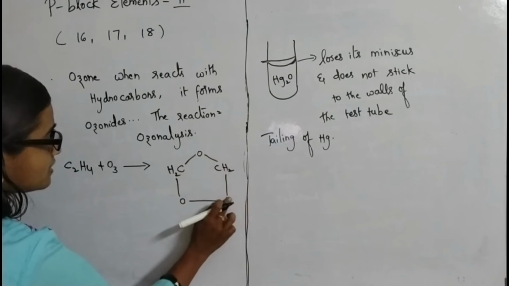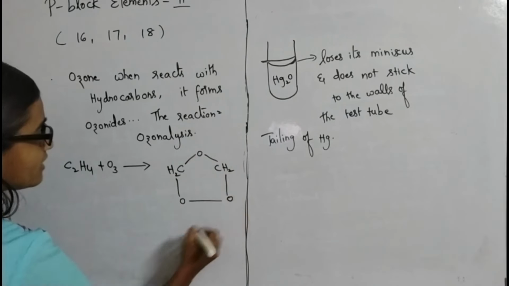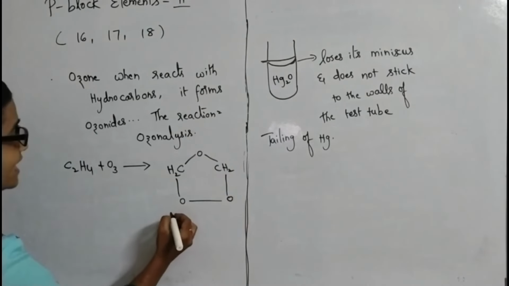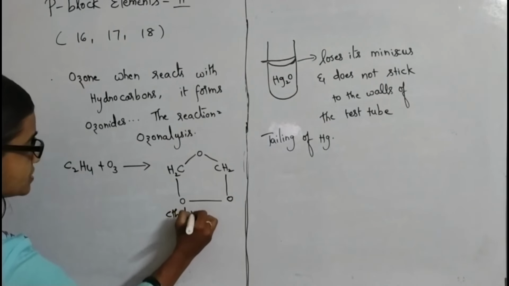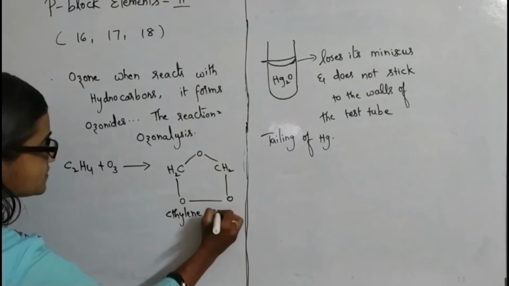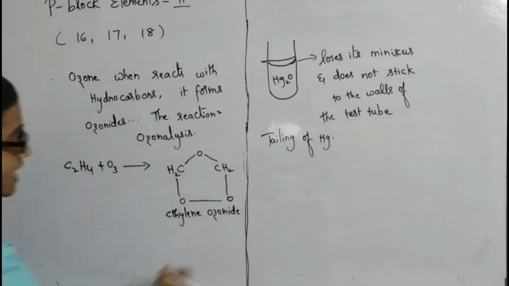This kind of substance you will find. This is called ethylene ozonide, the substance which is formed. And this reaction you call ozonolysis reaction.